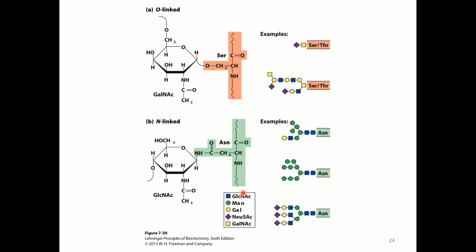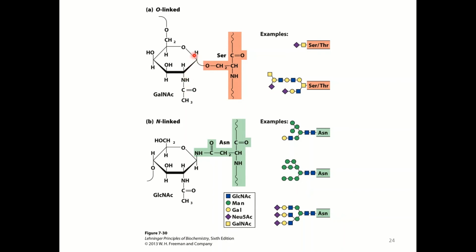So how are these connected? Well, there are two primary ways in which a sugar can be attached to a protein. Both times it's going to occur at the anomeric carbon. In this case, this is our sugar, galactose with an N-acetyl group on it. This is the anomeric carbon.